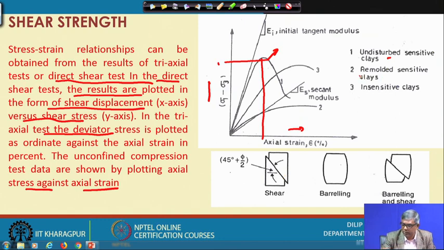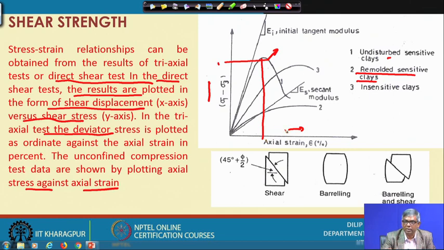The second sample is remolded sensitive clay. If the sensitive clay is remolded, a sample prepared and tested, then the stress will increase much more gradually.